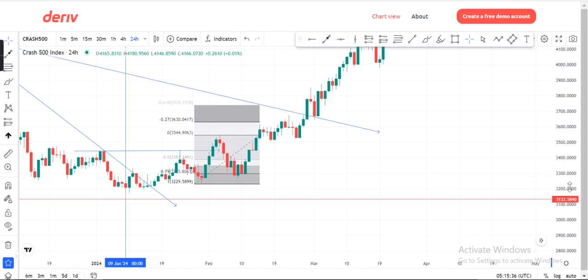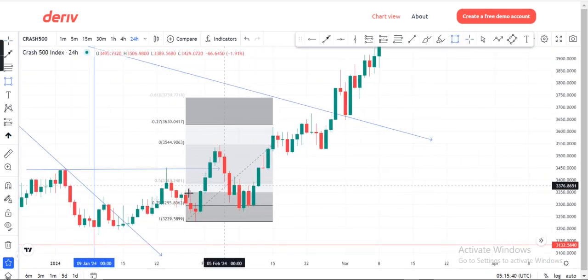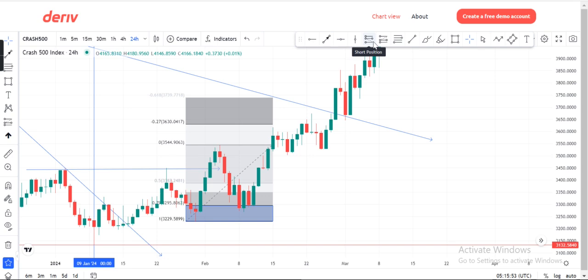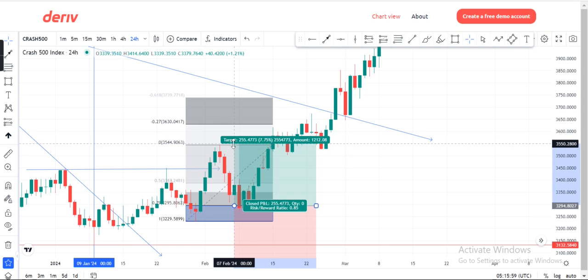And basically we can see that the market got into our 0.79 level and then triggered from that point. We got a buy entry. So from this point we got a wonderful buy entry, which we decided to take profit at this point.